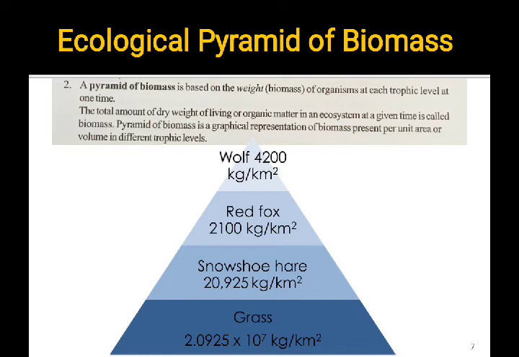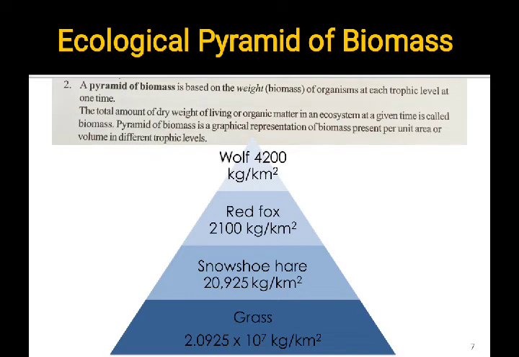Now, what do you mean by biomass? Mass is the weight. Biomass is how much weight is possessed by an organism. When we talk about the pyramid of biomass, it is based on the biomass, that is the body weight of an organism. So here we are considering how much biomass each trophic level produces at one time.